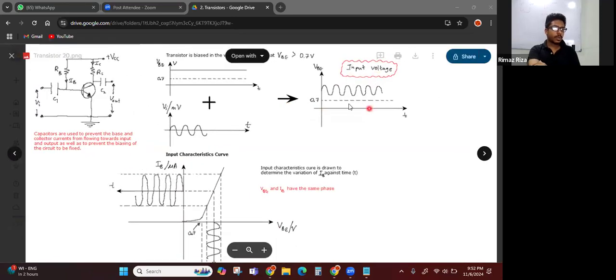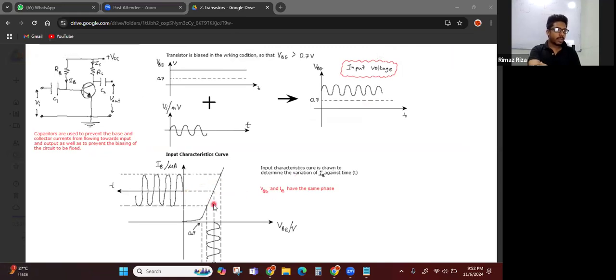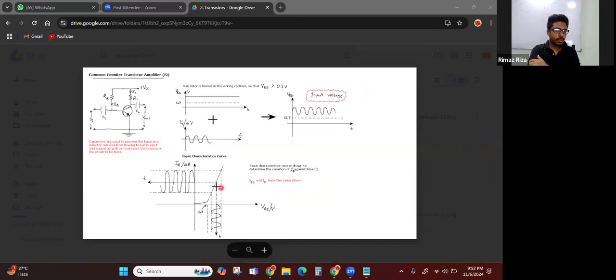So this is the input voltage and the input characteristic curve. Here the VBE value is changing, so that is how IB changes. The IB current changes. That's not the output.